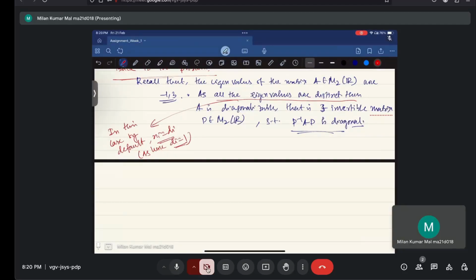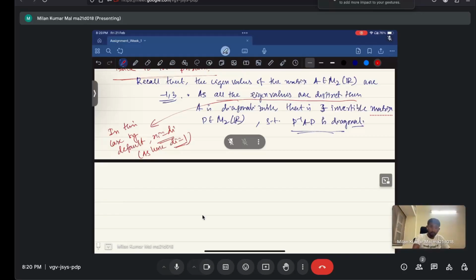But Ni is the dimension of the eigenspace corresponding to each eigenvalue. Now suppose we have an eigenvalue that is repeating once. Then there must exist a non-zero eigenvector, so the dimension of the eigenspace will also be 1. Therefore Ni equals Di, and in that case this is diagonalizable.